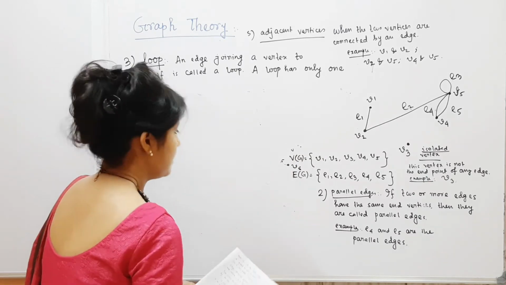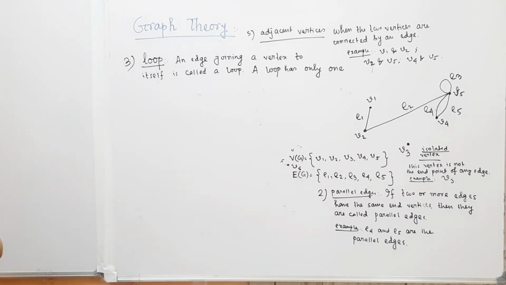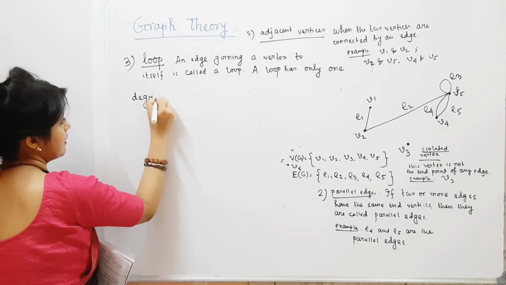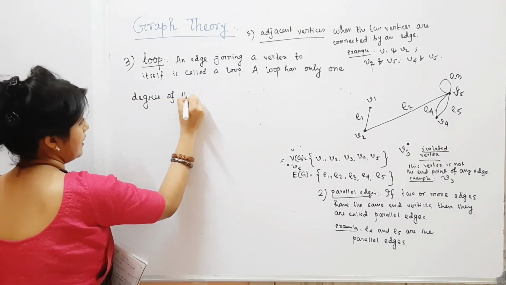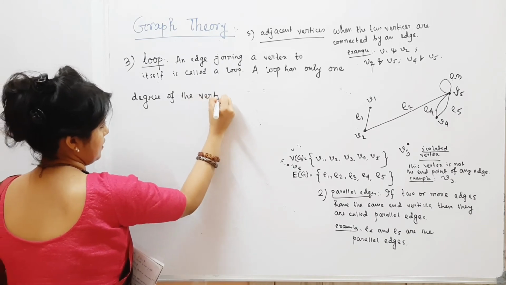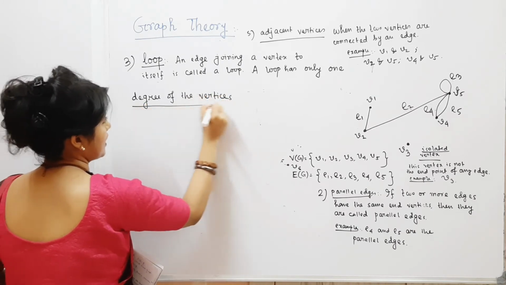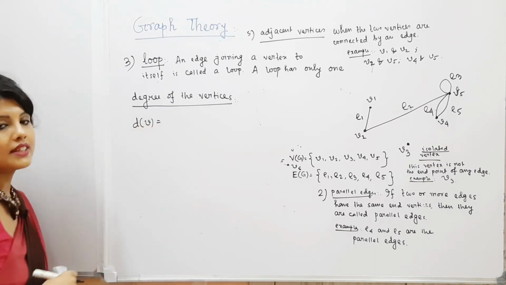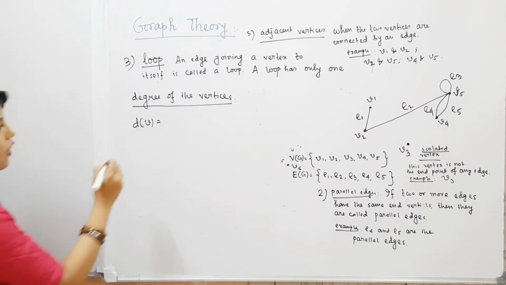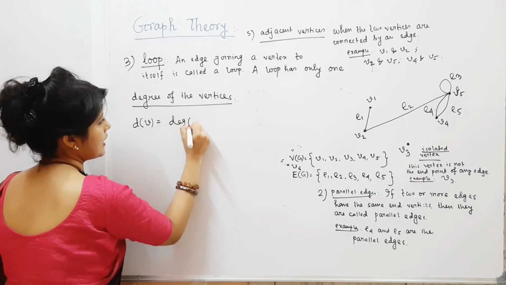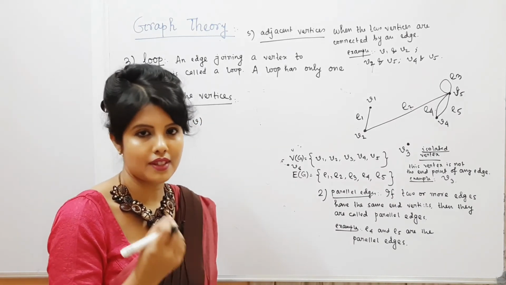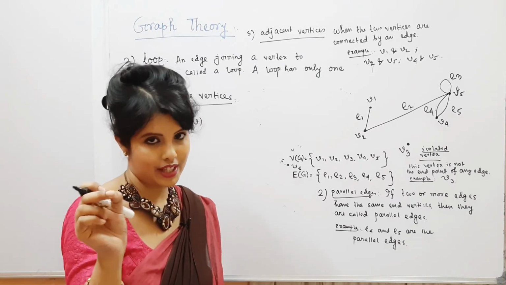So the next I am coming to is the degree of the vertices. This is very important. The degree of a vertex is denoted by d of v, or degree of V, because V always expresses the vertices and E always expresses the edges.